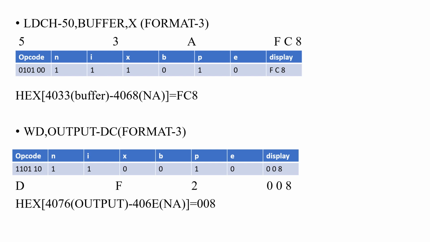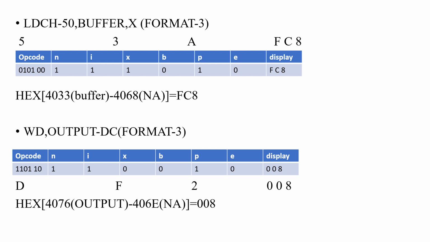Then next, moving to WT output, which is of format 3. Again here the opcode is of 6 bits, where the first 4 bits are written as the binary value of D, and then the next 2 bits are C. The value of N and I is 11, and there is no presence of any register, so 0 as X, B as 0.